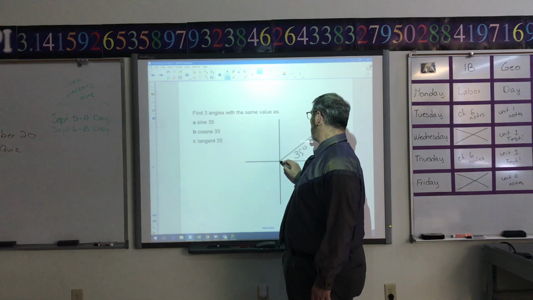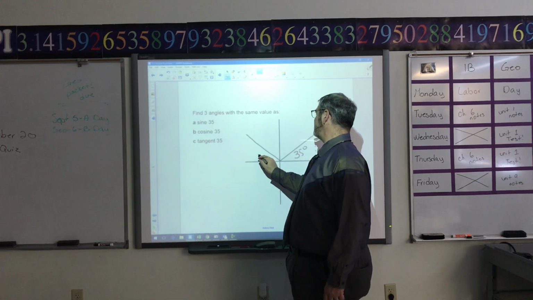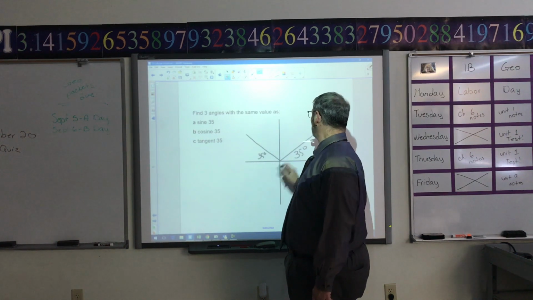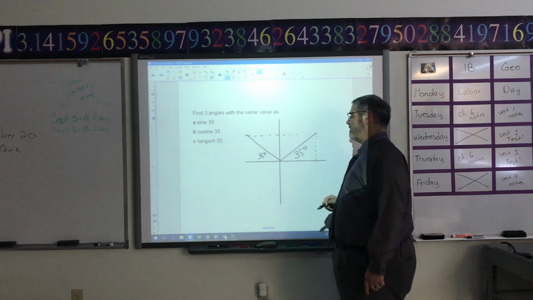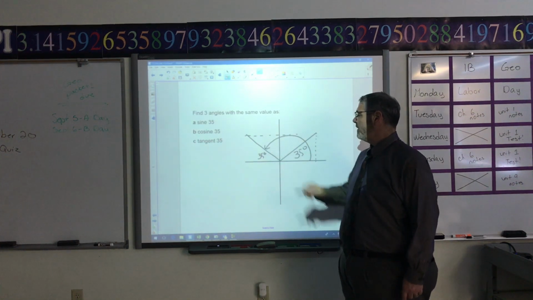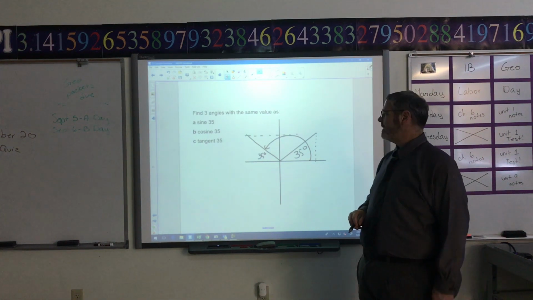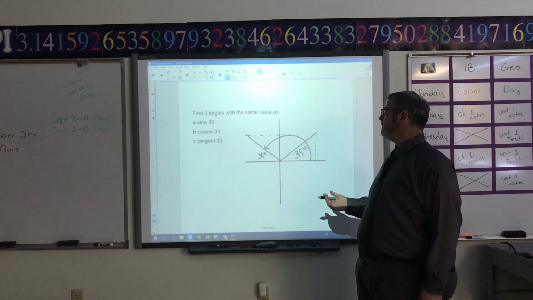So this angle over here has the same height as 35. So in other words, from 0 all the way to here, that's going to give me an angle with the same sine as 35. How do I figure it out?